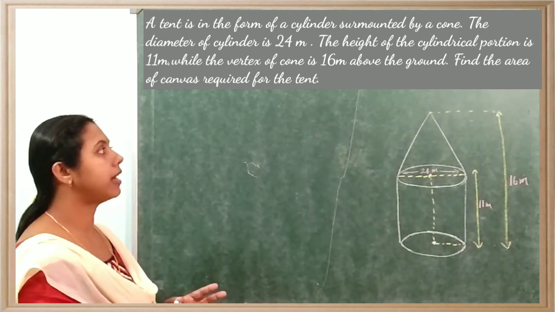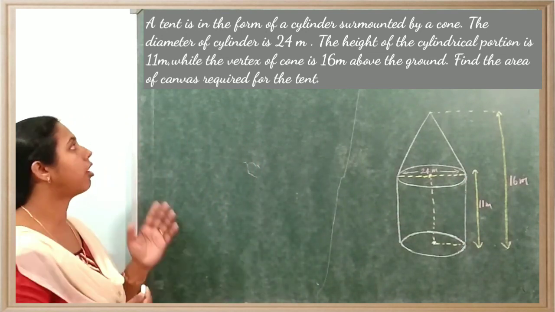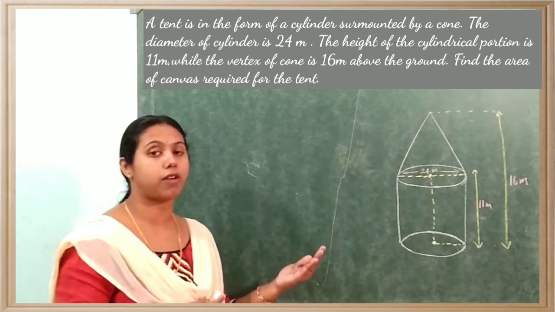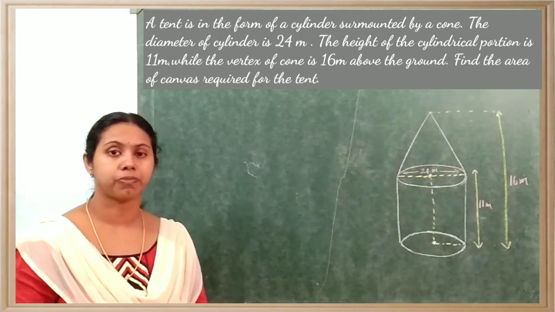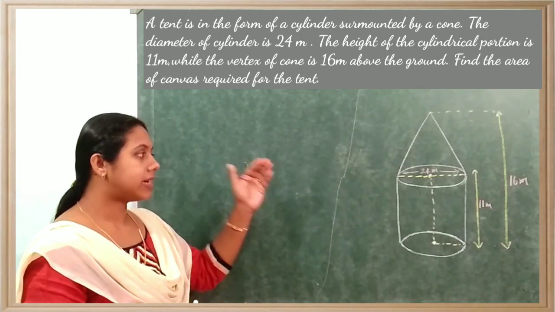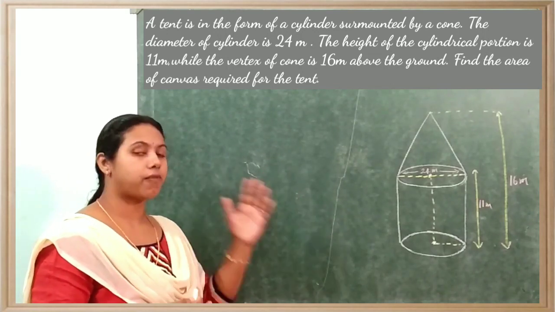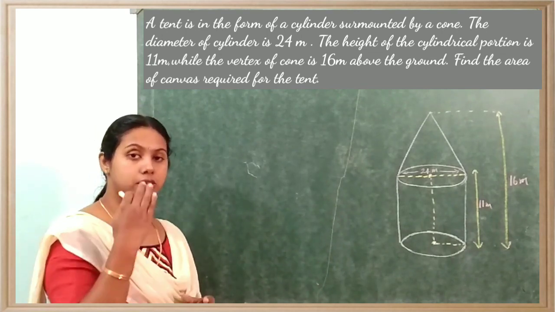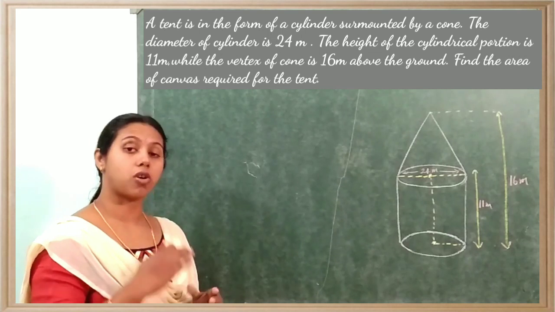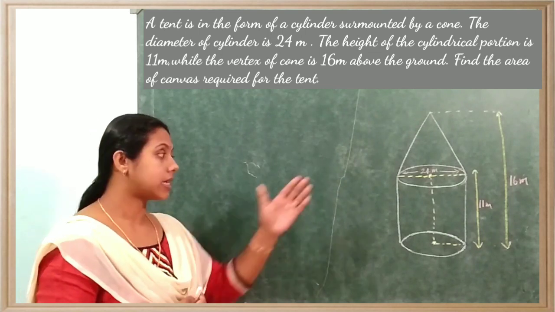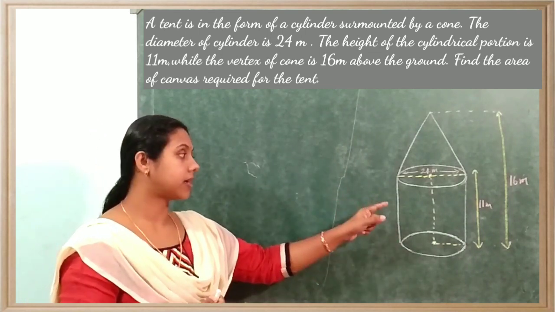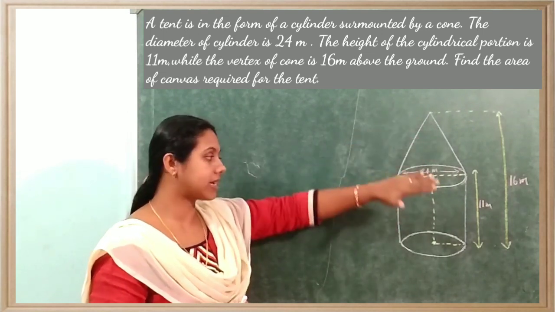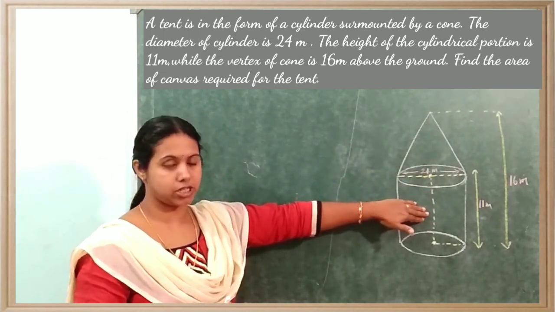We want to find the area of canvas required for the tent. A canvas means the cloth we require for preparing the tent. So getting the area of that canvas means that will be the total curved surface area or total surface area of the tent. That means the curved surface area of cone plus curved surface area of cylinder.